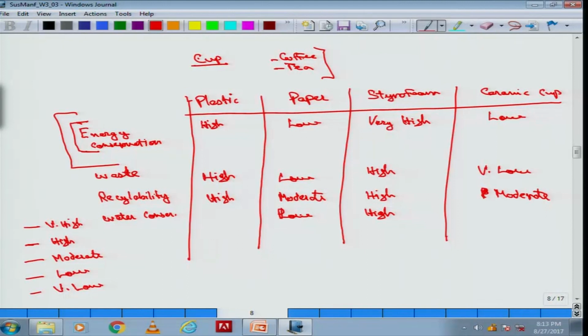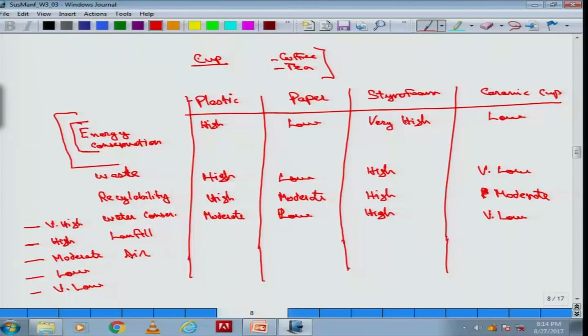For ceramics, again, no water is required, very low. And for plastic it is moderate, right.